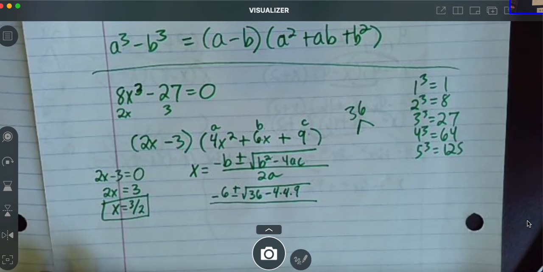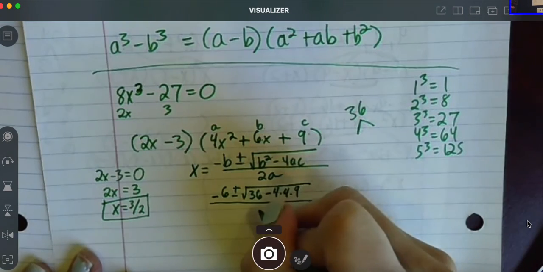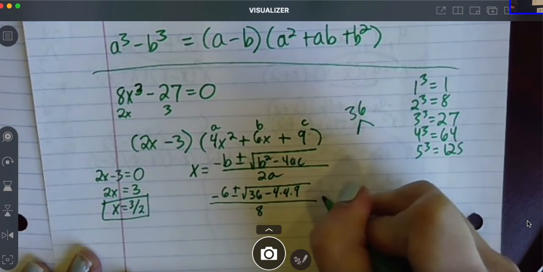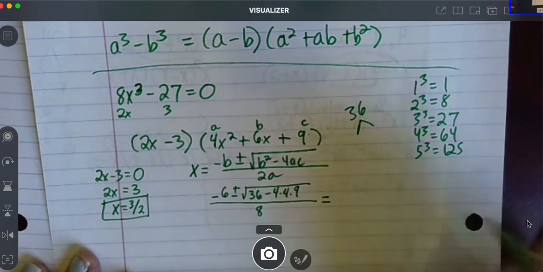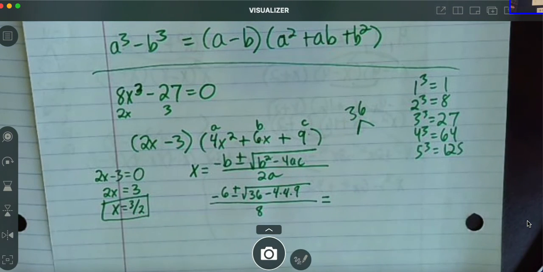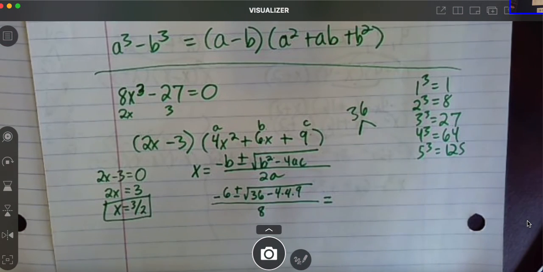What's 2 times 4? 8. So it would be negative 6 plus or minus the square root of 36 minus 144, over 8.